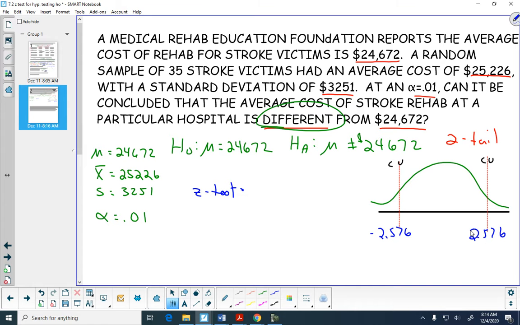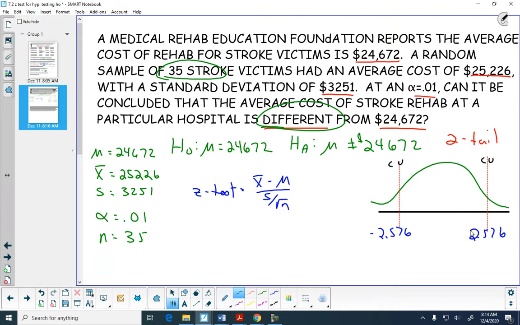The next step is to calculate our z-test value, which is x bar minus mu divided by standard deviation divided by square root of n. We have an n of 35 stroke patients.